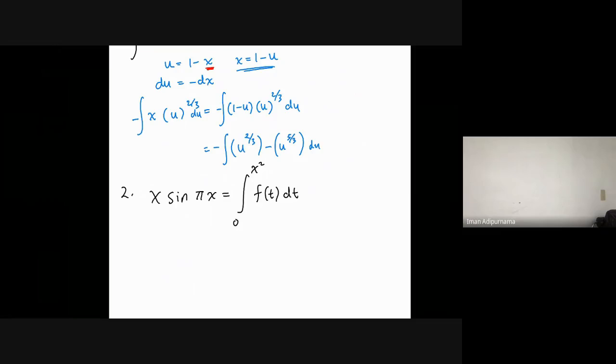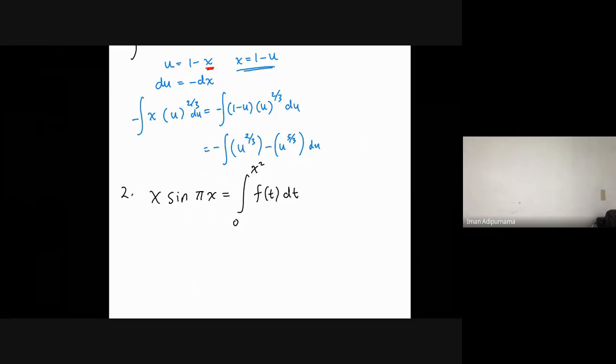Okay, number 2, you have x sine pi x, integral from 0 to x squared of f(t) dt. All the problems related to the fundamental theorem of calculus, the idea is to remove these integrations with differentiations.